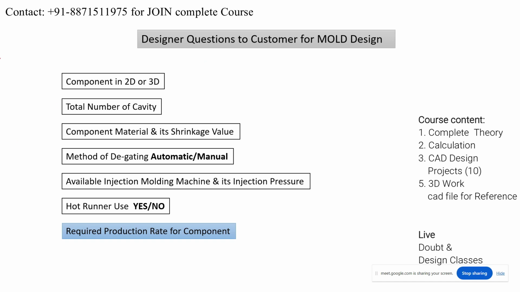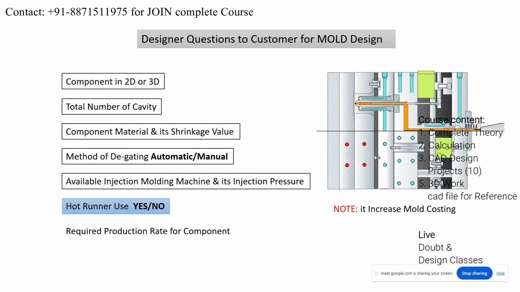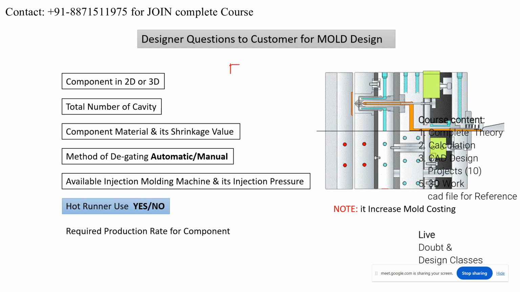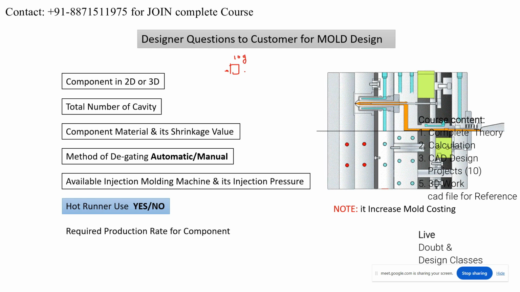Here, what is the advantage of hot runner then? Hot runner is used, for example, when you have a 10 gram component. Like, for example, one component has a mass of 10 gram. Is it clear?